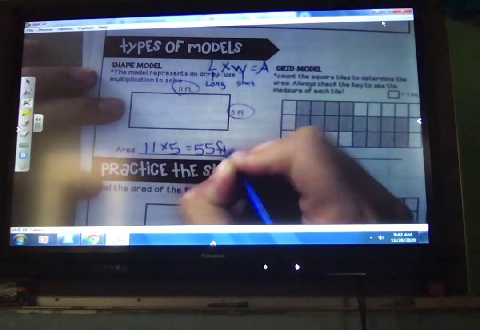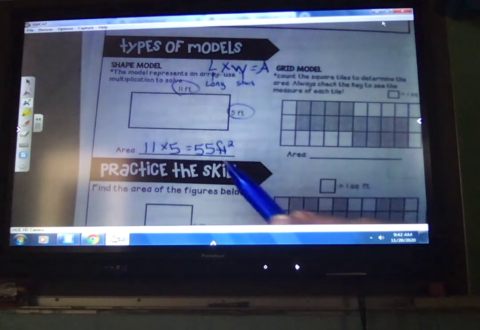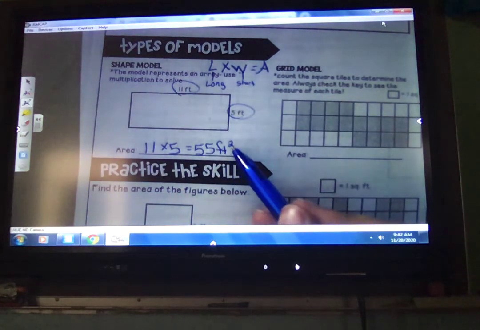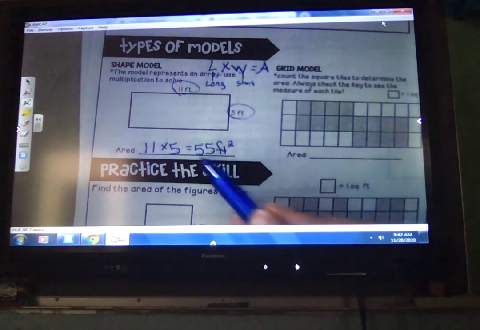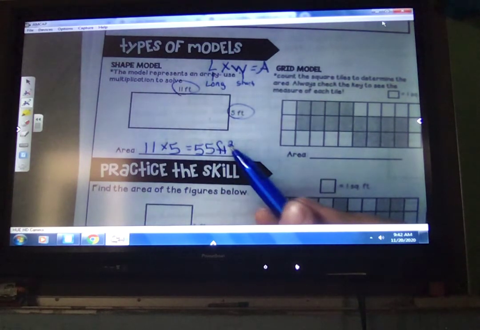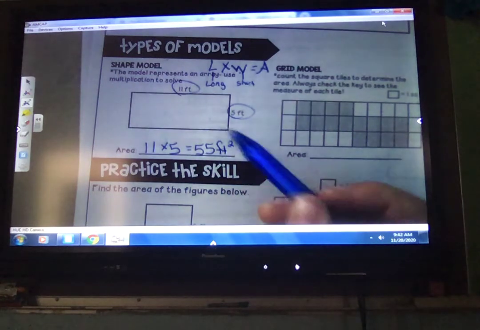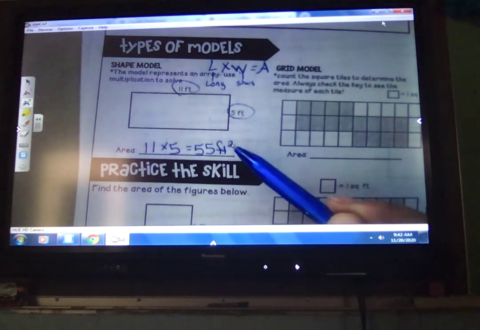Now remember, we're doing squares. So we're going to put a little floating 2 next to our feet, FT, floating 2. That little 2, we say as square. 55 feet square, 55 square feet. That's what that 2 means. We use 2 sides, so there's our little 2.